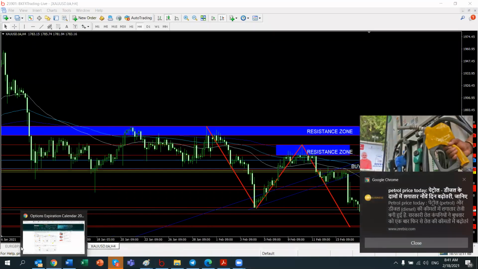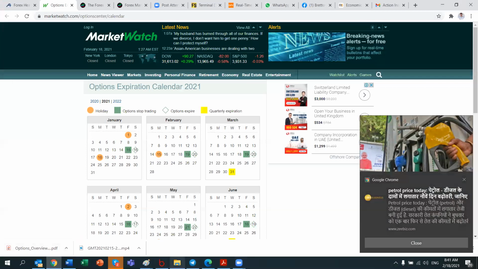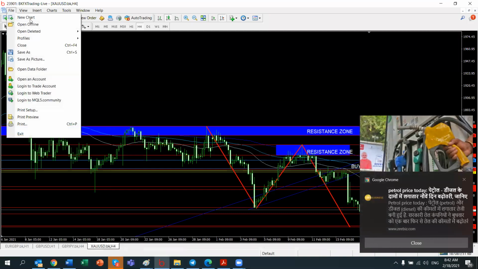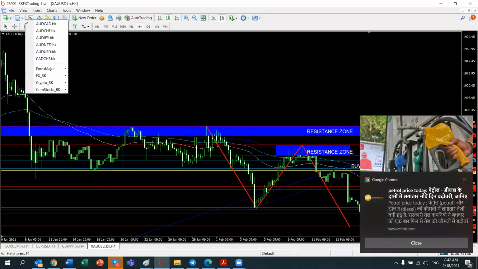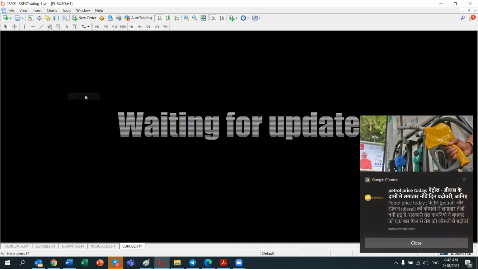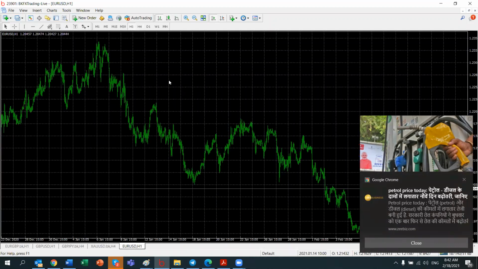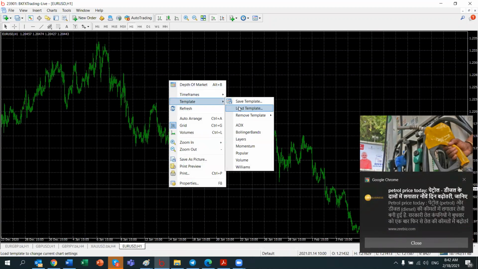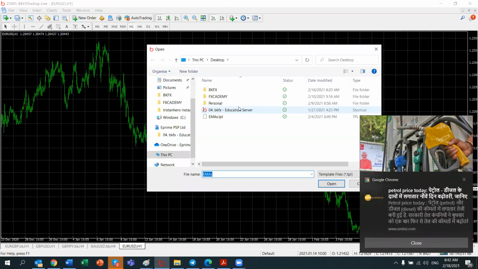So this is, give me a second, Euro GBP. I'll just open up another one here. Okay. So as you can see, I always will upload my template, and the template consists of the three EMAs as always.